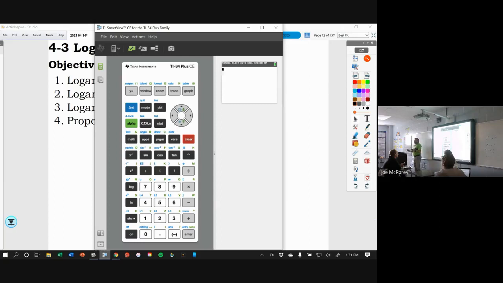What do y'all know about the graphs of inverse functions? What must be true for a function to have an inverse?